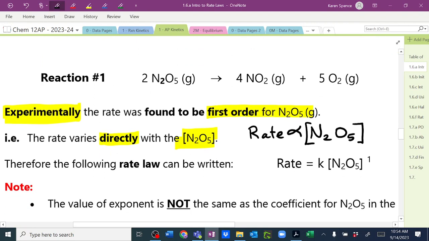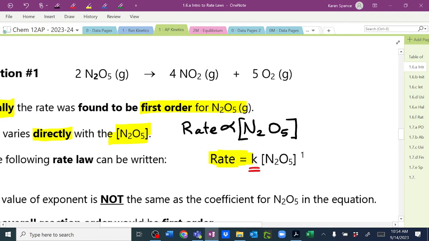All you have to do is write rate equals, and then you write K, because a rate law needs a K. And then you say times N2O5 to the power of 1. You can leave off the power of 1 if you want to, obviously, because it's just the same, okay? You can leave off the 1.